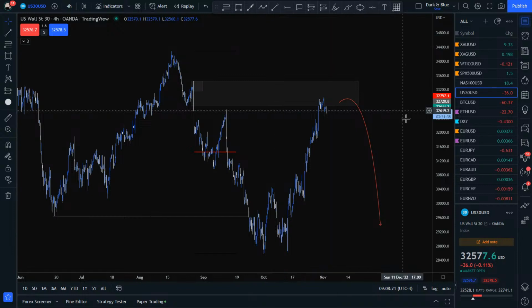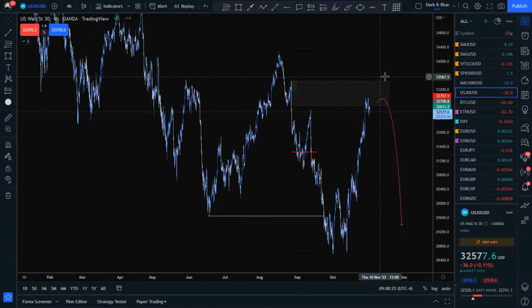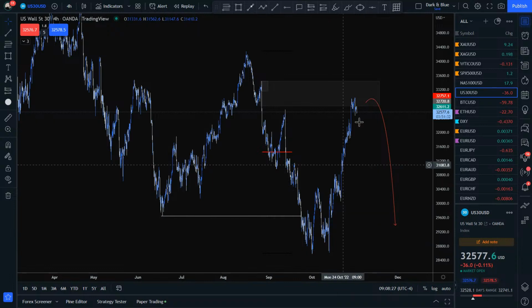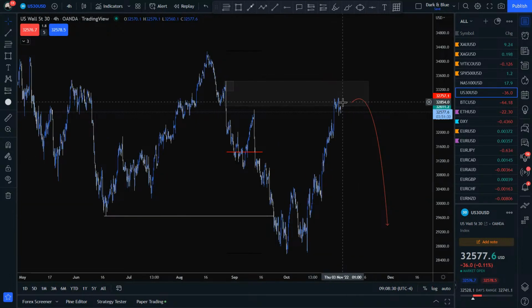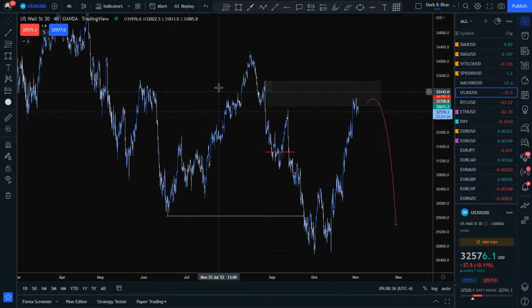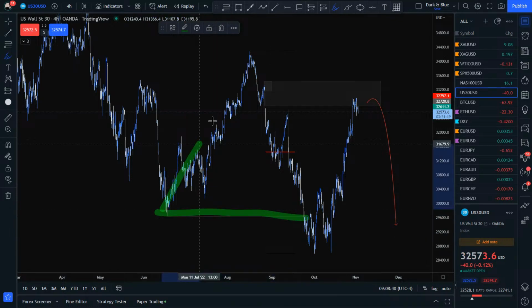All right, so I drew this out a day ago, 2 days ago, I'm not sure when I put this arrow on here. But what we have here on the 4 hour is the swing low was broken.